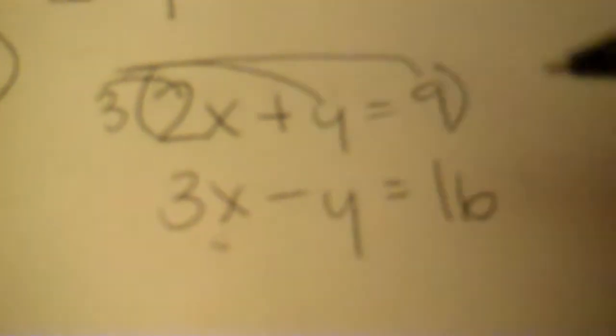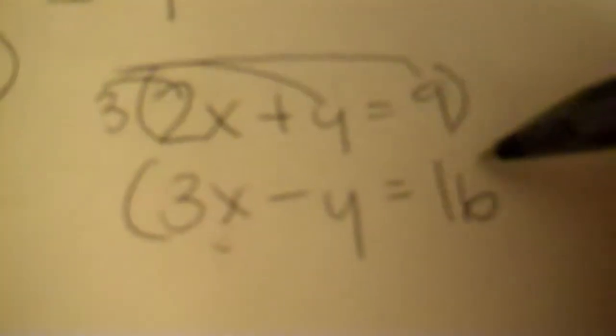So what I'm going to do is take this coefficient, the 3, and I'm going to multiply each one of these by 3. And then I'm going to look at this and take the 2 coefficient here and multiply it to each one of these terms.